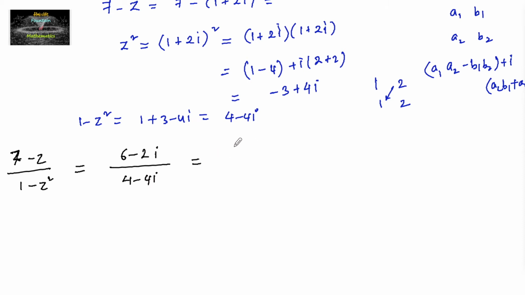We can take out 2 common and we can write this is 3 minus i divided by 2 minus 2i, or 1 upon 2 taken common, 3 minus i divided by 1 minus i.